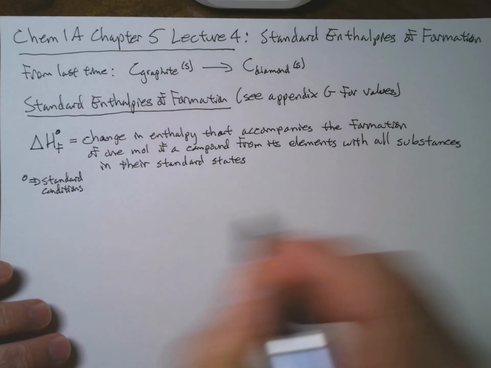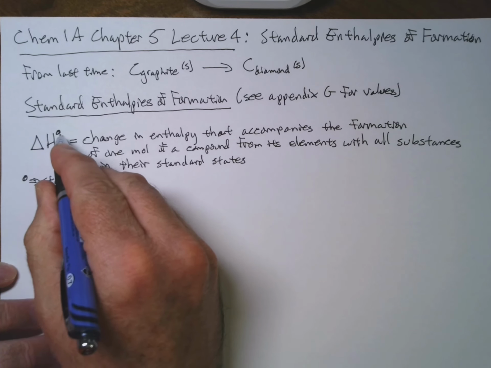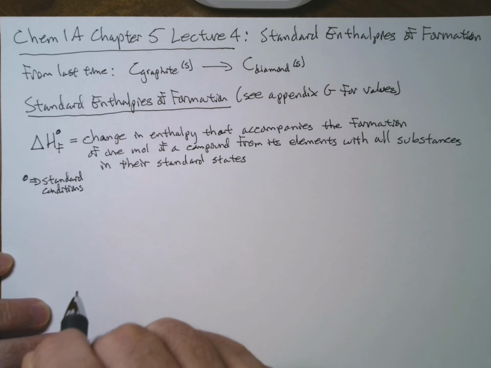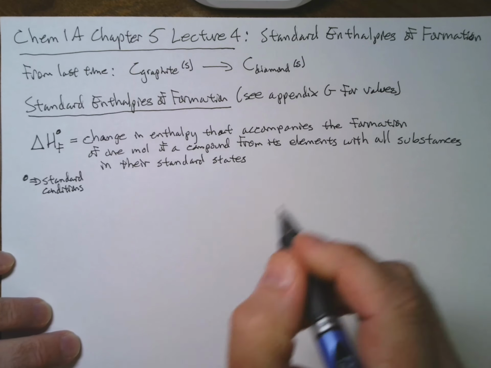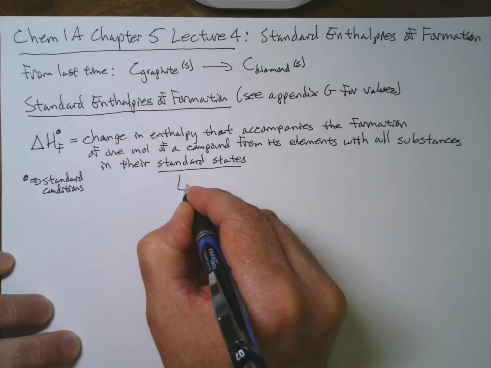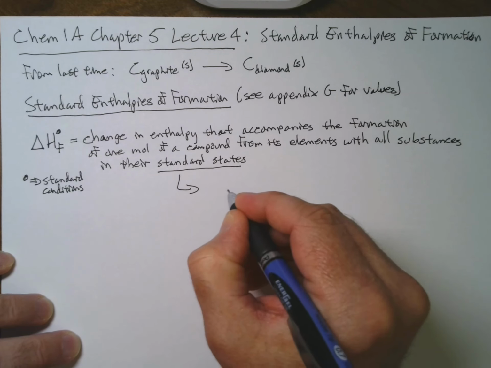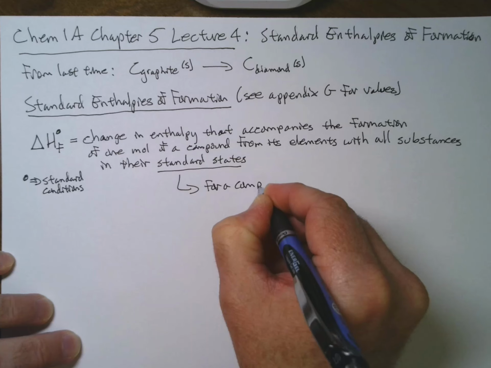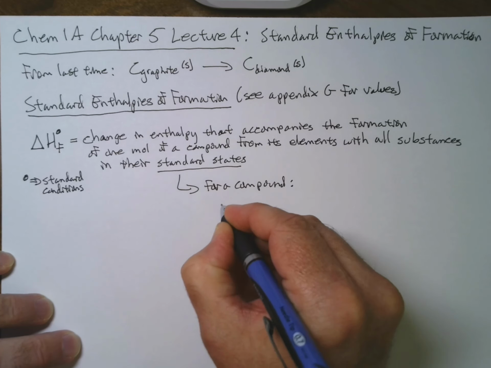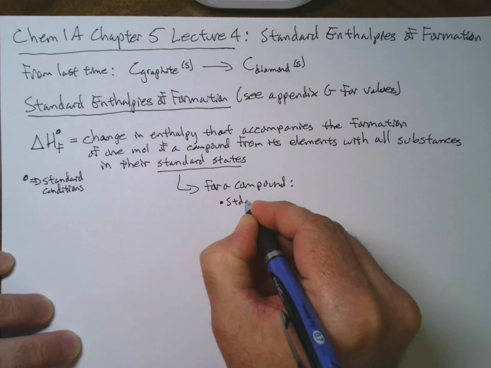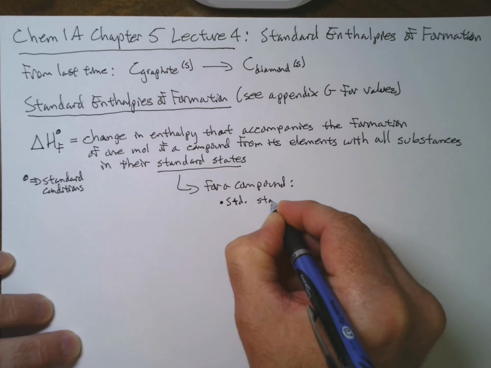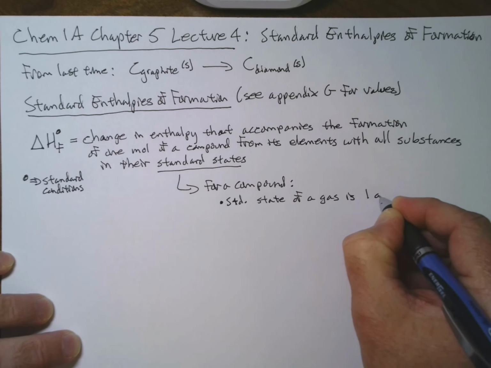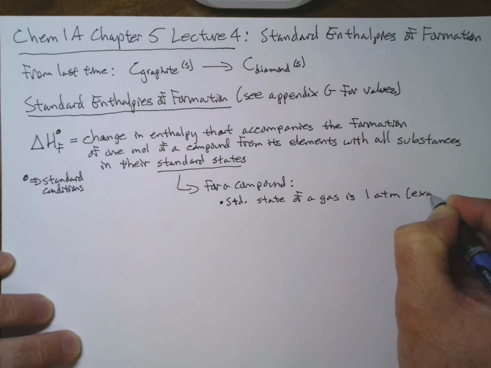Now, the naught is what signifies the standard states, and these standard conditions provide a convenient reference point for thermodynamic calculations and measurements. So, standard state definition. For a compound, the standard state (STD) of a gas is 1 atmosphere, and that's exact.